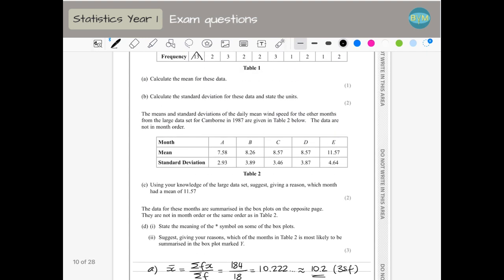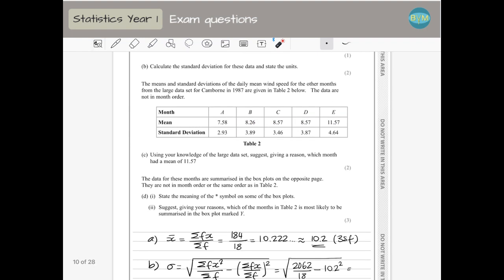Then the means and standard deviation of the daily mean wind speed for the other months from the large data set for Camborne are given in this table. Using your knowledge of the large data set, suggest, giving a reason, which month has a mean of 11.57.